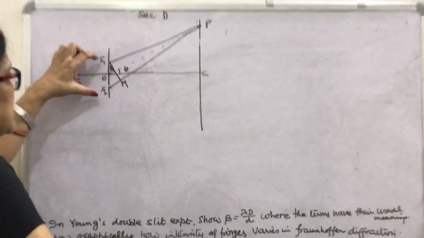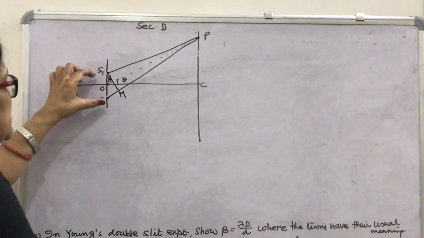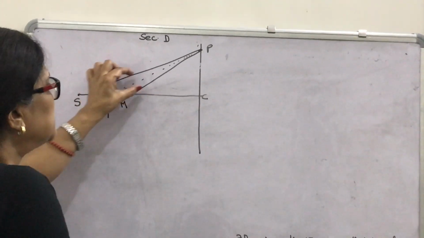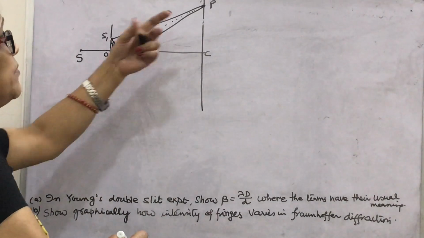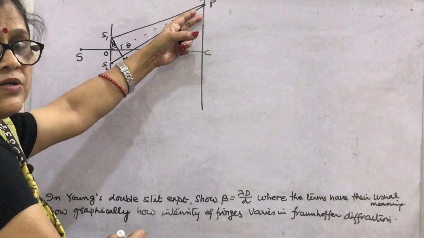Then S1, S2 are coherent sources. From these two sources the waves are reaching point P. They are meeting there to form the fringe.